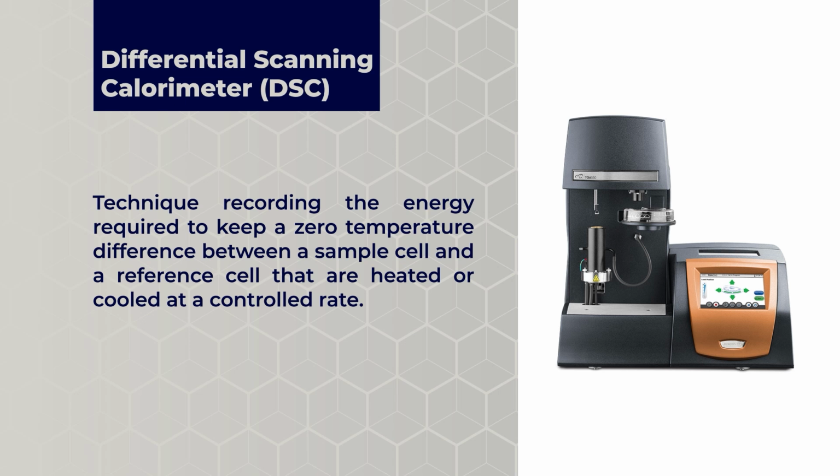In DSC, the delta T is 0 between the reference and the sample. And how much energy is supplied to ensure this is 0? The DSC graph will give us the endotherm and exotherm.